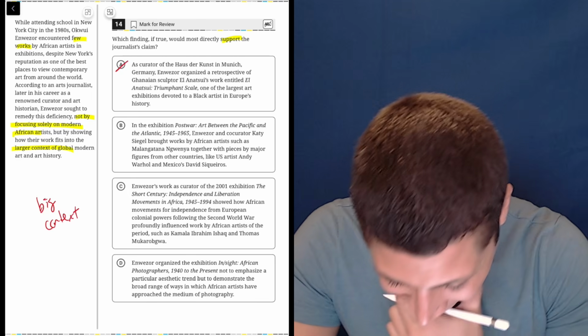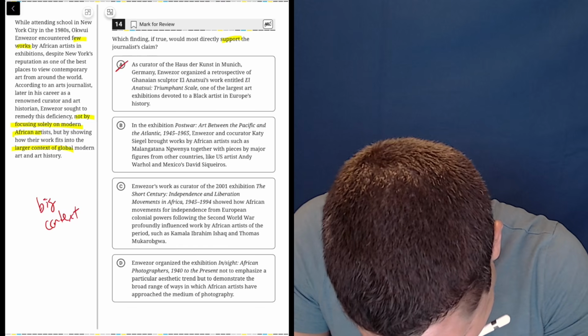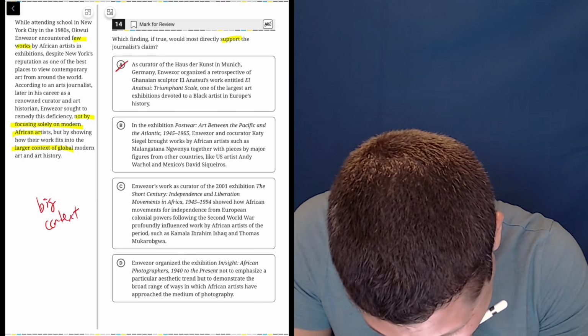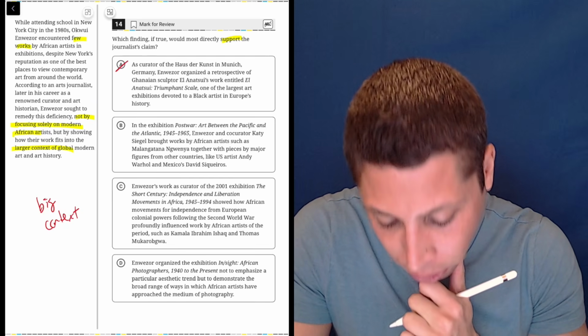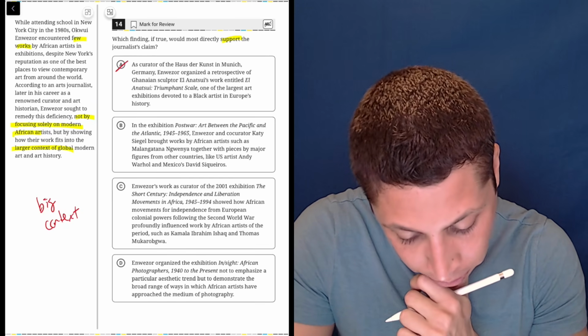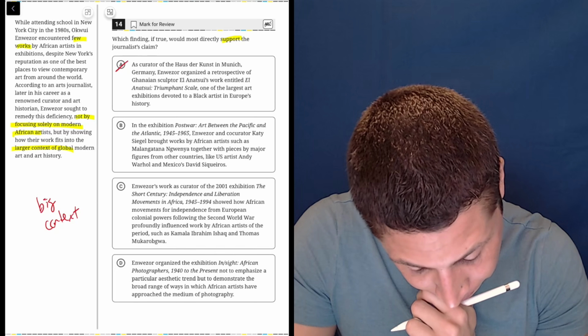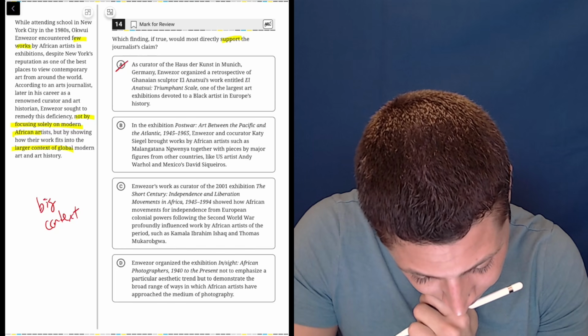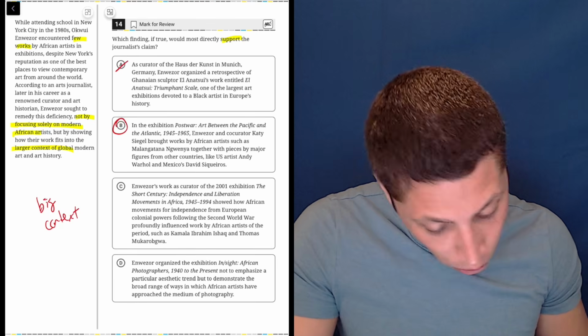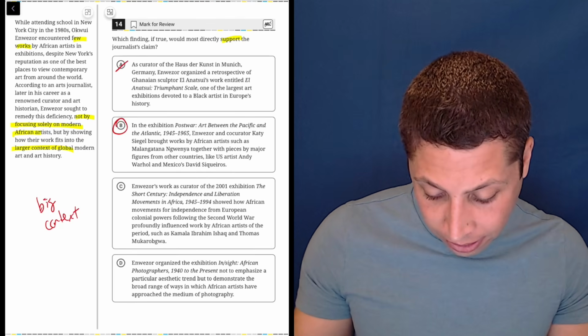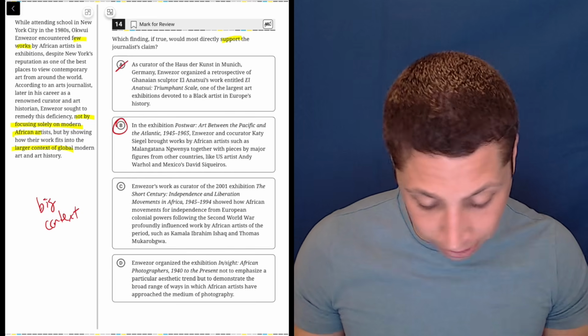Ugh, okay. Not by focusing solely on modern African artists, but by showing how their work fits into the larger context of global modern art and art history. I think it's B. I think it's the only one that talks about global context. It doesn't have to say that the global context has to be African, so I think that's it.